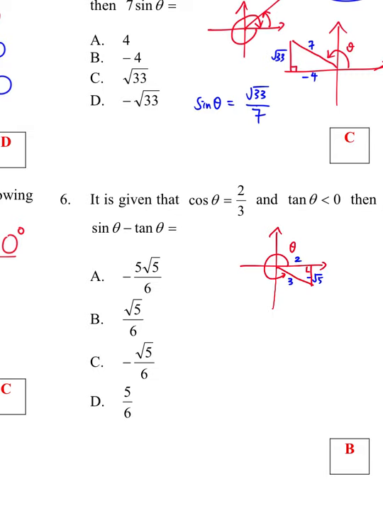And therefore, we know that sine theta will be negative square root 5 over 3, and tangent theta will be negative square root 5 over 2.